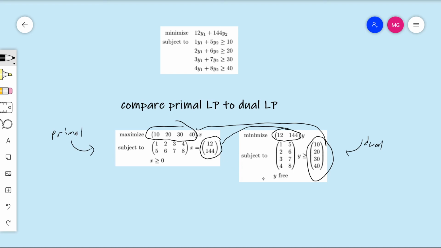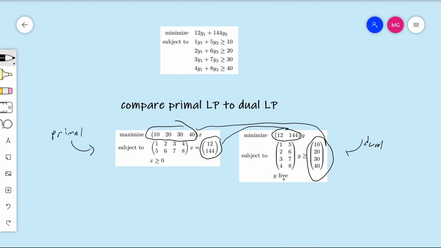5, 6, 7, 8 was the second row, now it's the second column. And finally, we're saying y is free here. That just means that y has no variable restrictions on it, other than what's imposed by these matrix constraints. That was implicit already in the formulation above, where we didn't write any variable constraints, which means there are none.